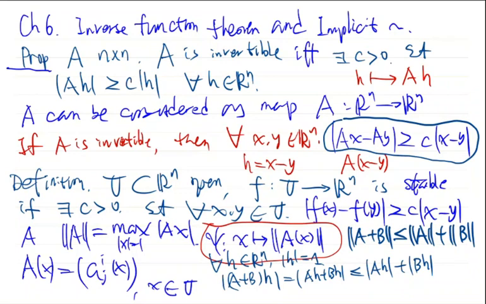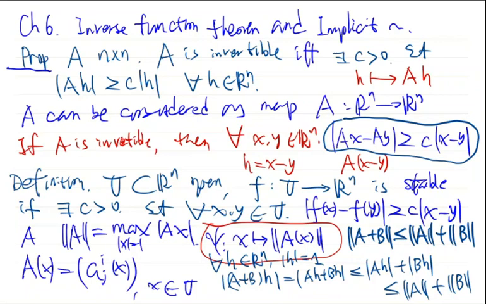But because the norm of H is 1, the norm of AH will not be greater than the norm of A, by the definition of the matrix norm. Similarly, the norm of BH will not be greater than the matrix norm of B. And this inequality is true for every H on the unit sphere, that is, the norm of H is 1.